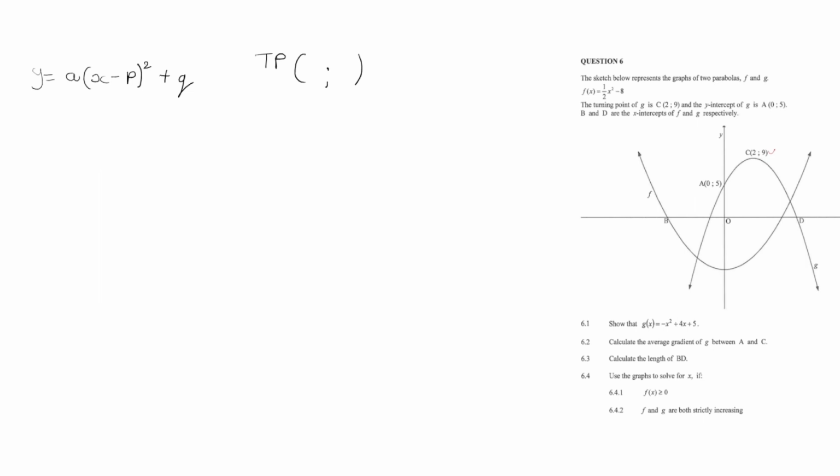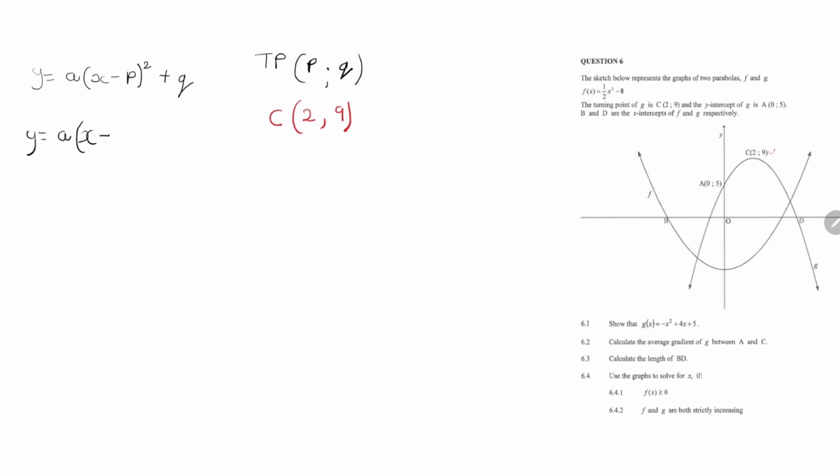We use this formula when we know the turning point. So how does the turning point fit into this formula? Basically, the turning point consists of p, comma, q. In our case, we have our turning point, which is C, and that C is (2, 9). So let us use our turning point to determine the graph of g using the same standard form. So y is equal to a multiplied by (x minus p).